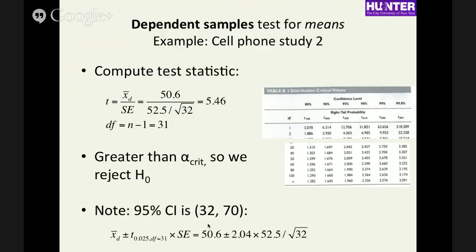The difference between the two sample means over 95% confidence is going to be within those two. Or it's the change in reaction time of individuals due to using a cell phone. So our 95% confidence interval for how much the cell phone changes an individual's driving reaction time is between 32 and 70 milliseconds.